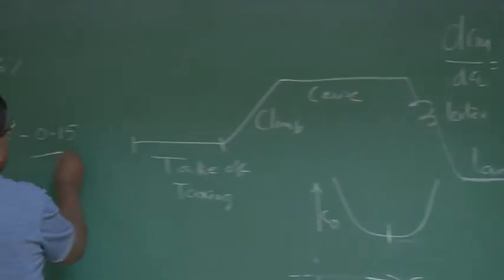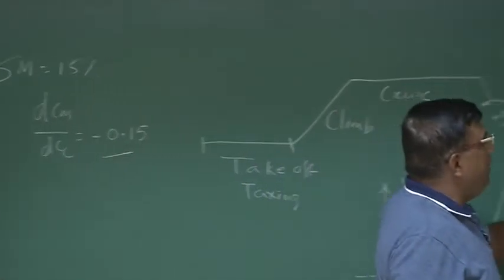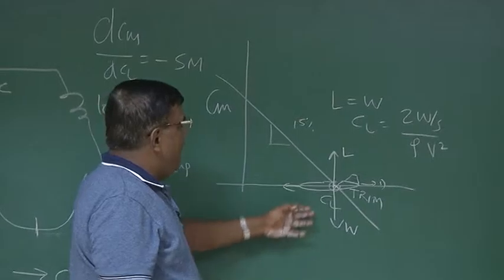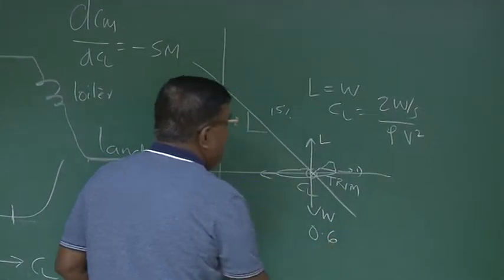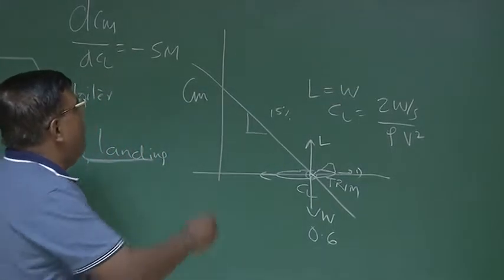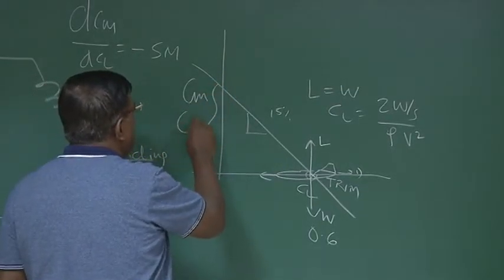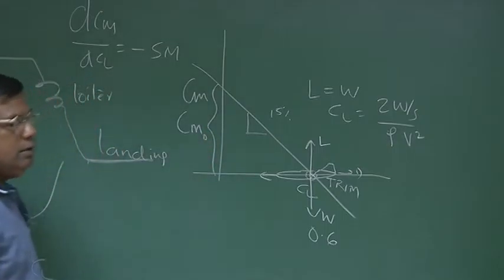So once I know 15% is my static margin, I know the slope. I know what CL I'm going to fly. Let's say this CL is 0.6. Then I know how much Cm naught the airplane should generate.